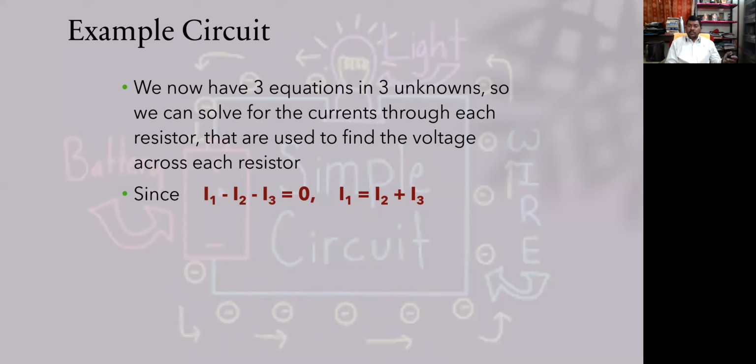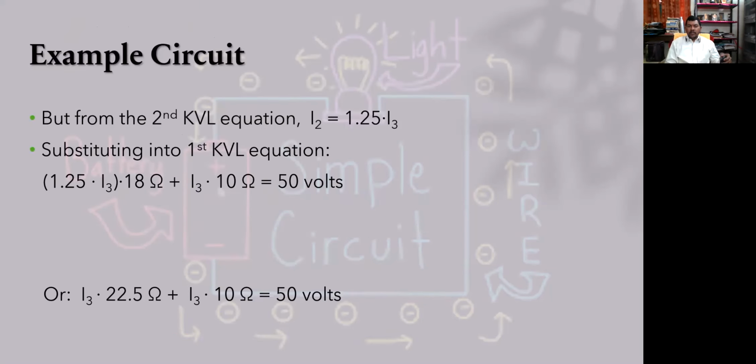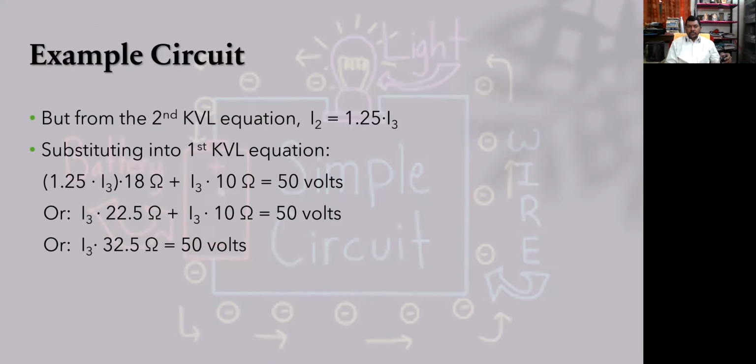Kirchhoff's current law can be employed over here, and we can substitute that in the first equation so that we can calculate one of the currents, and find out the other currents by using these equations.